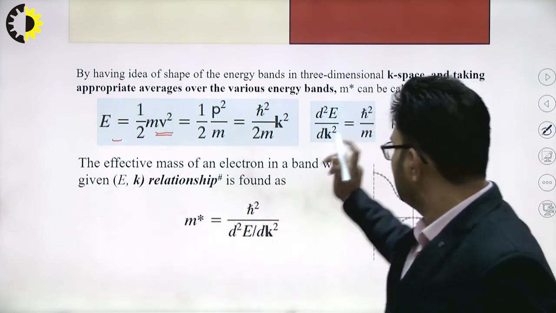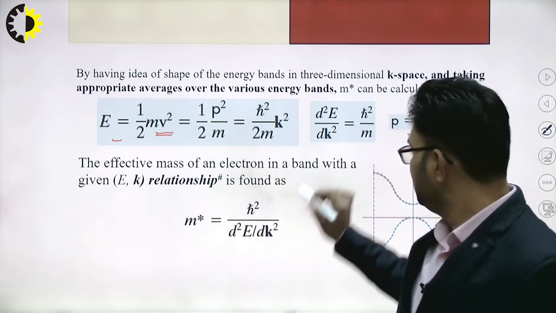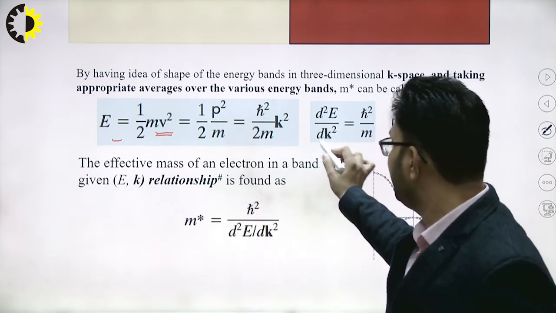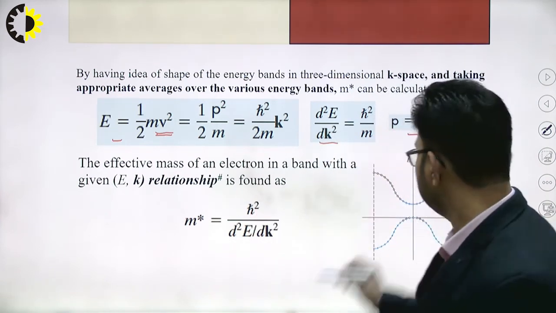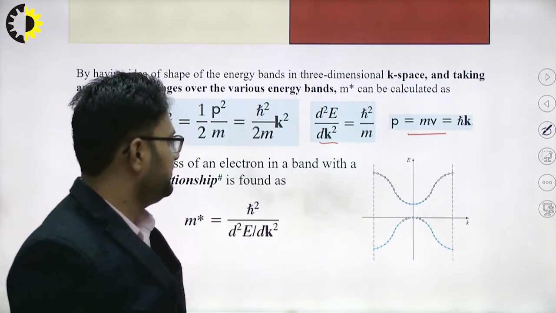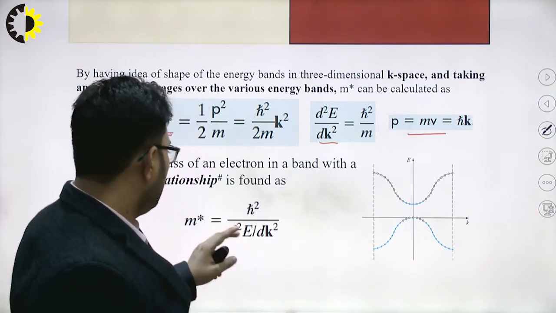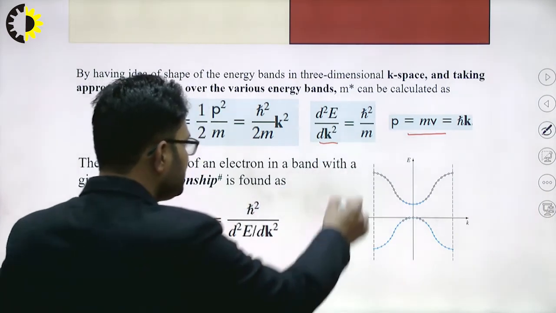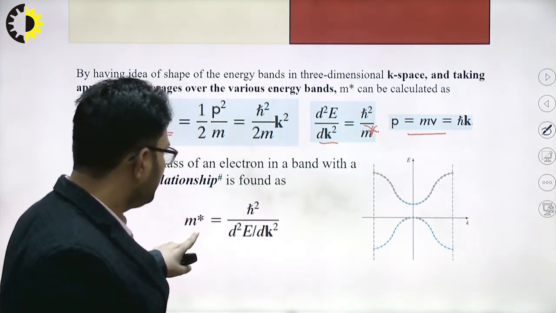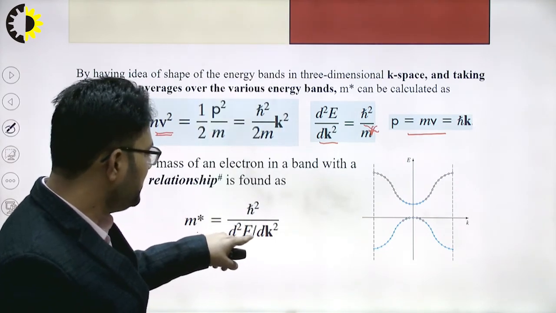If you double differentiate this E with respect to k, what we will get is h dash square divided by m. So this m is actually the effective mass: m asterisk is equal to h dash square divided by d2E upon dk square.